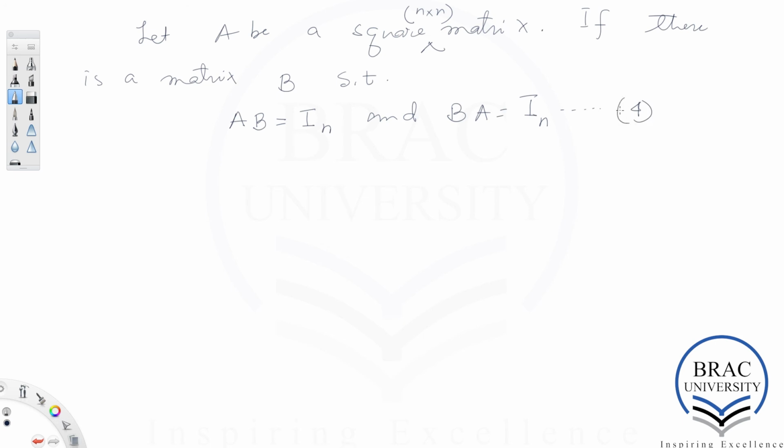It will only make sense if B is of the same size, right? So I did not bother to write it. You should be able to understand it from the context.